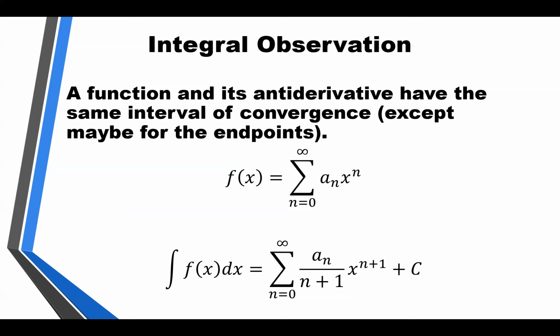So a function and its derivative are going to have the same interval of convergence. A function and its integral, or a function and its antiderivative, are going to have the same interval of convergence, except for how we converge at the endpoints. The endpoints will be the same, but just do we converge or diverge there?